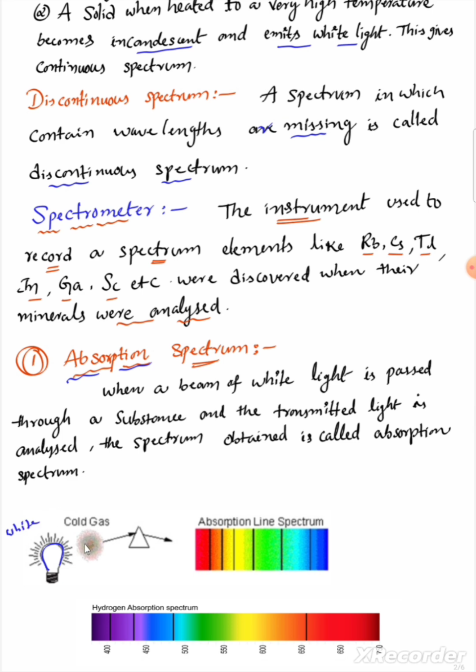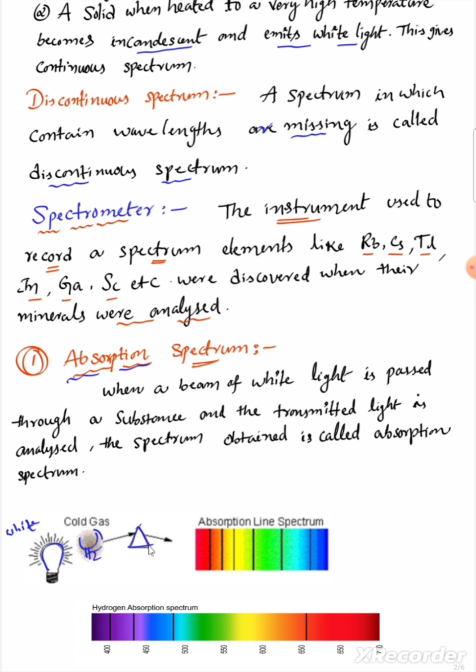This white light is passed through a substance, for example hydrogen gas. When white light is passed through any substance, the light is transmitted.